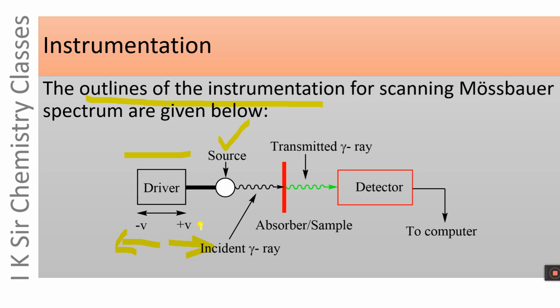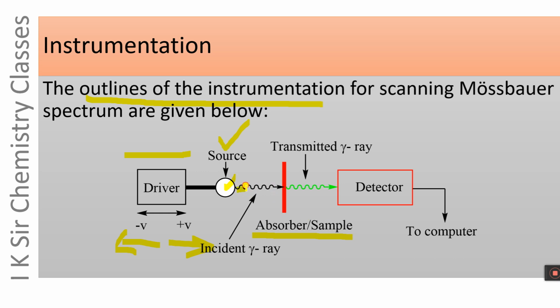As a result, the gamma ray source mounted on it also performs back and forth movement. It means the gamma ray source is provided relative velocity with respect to the gamma ray absorber or sample, which is on a fixed position.